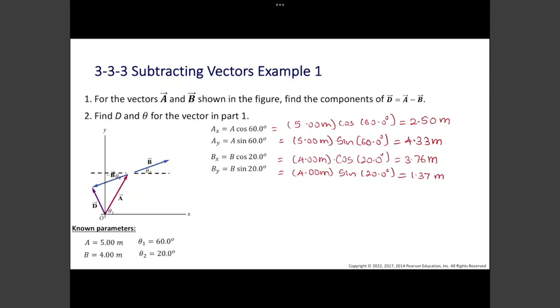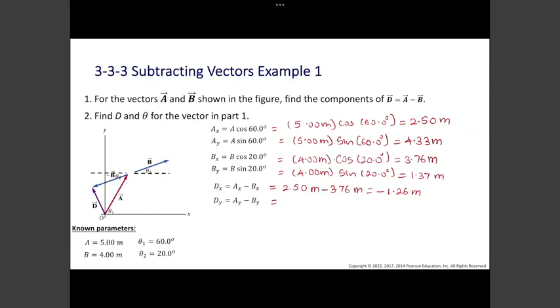Now dx, the x component of the resultant vector, should be ax minus bx, and therefore it is 2.50 meters minus 3.76 meters. So we are getting a negative value, which is minus 1.26 meters. And the y component of the resultant vector, dy, is ay minus by.